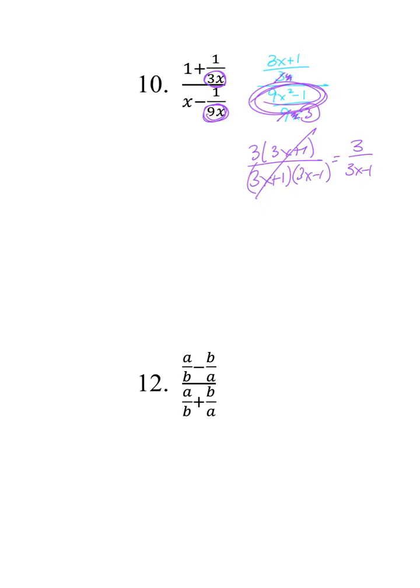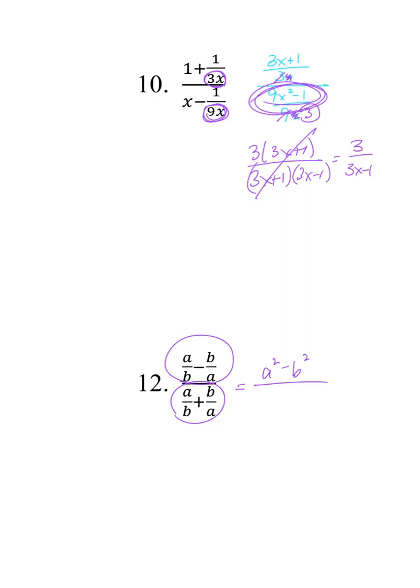Okay, so think about this. The denominator up top is going to be AB, and the denominator down below is going to be AB, right? I'm not even going to write that down. I know those are going to cancel out. So all I have to do now is figure out what those numerators are going to be. Up top, it's a squared minus b squared.